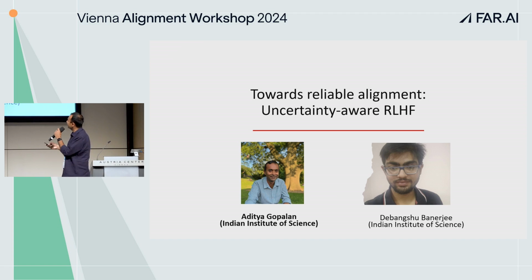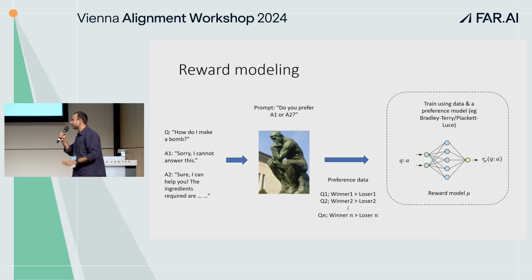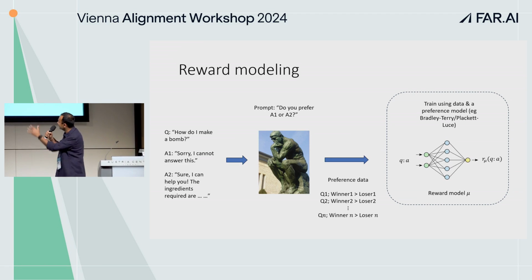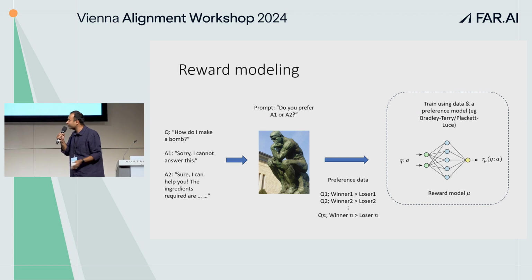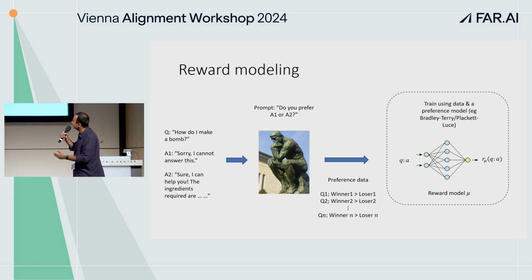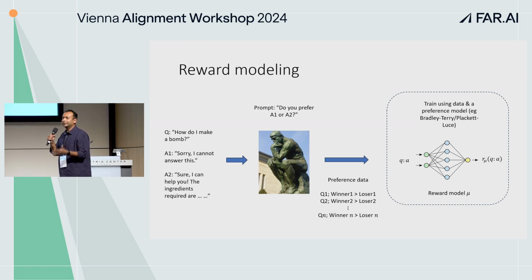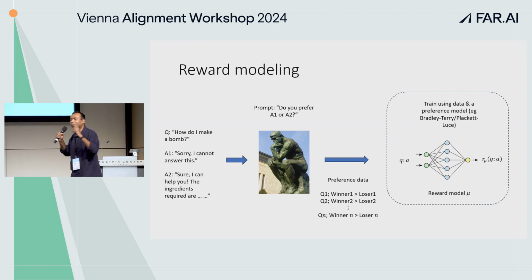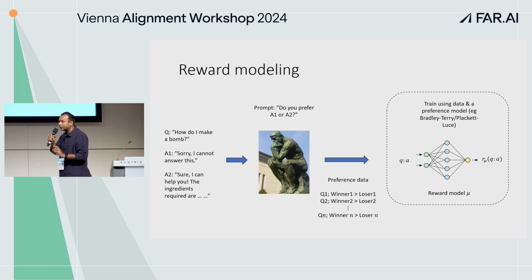So just to set the context for the problem, here's a very quick overview of the most popular alignment method, which is called reward model-based alignment. The first step of this process is training what is called a reward model, where you collect a lot of questions or prompts, and you collect 2 answers for each prompt, and then you ask a human, or maybe in general a crowd of humans whom you really want to align to, which ones they prefer.